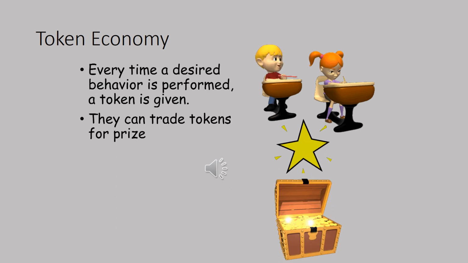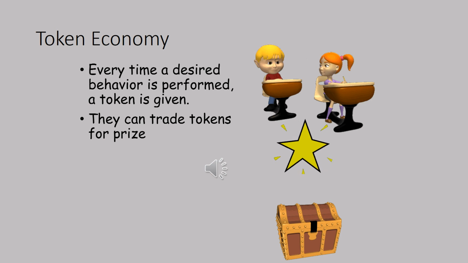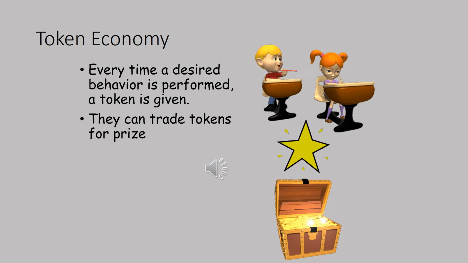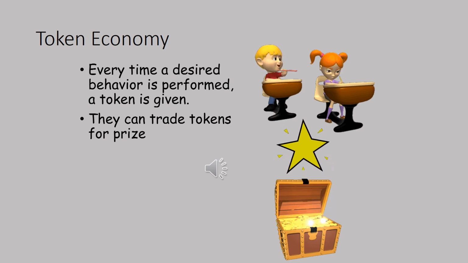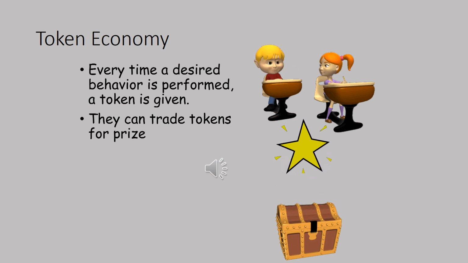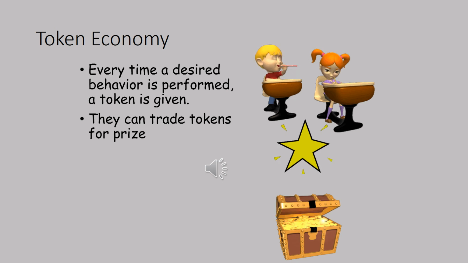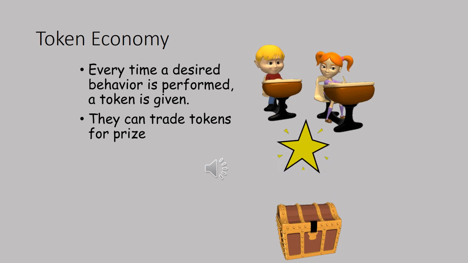A token economy is a form of operant conditioning where someone gets a symbol, a star, or a check mark for every time that they perform an appropriate behavior. Those check marks or stars or symbols can accumulate.